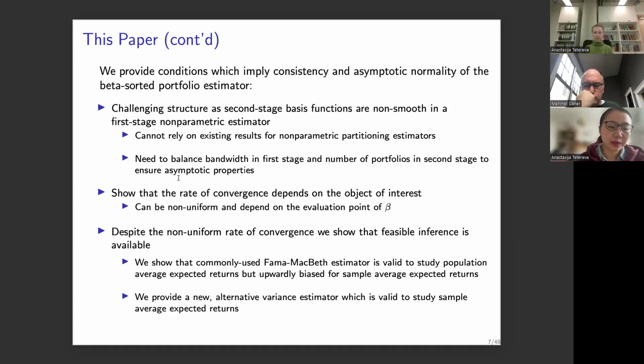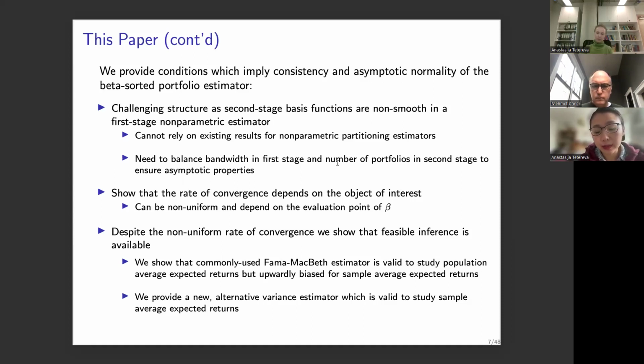For the first step, to estimate beta, you need to decide on the rolling window, how much data or how long a time period you want to use to estimate beta. So it's a rolling window size. Translated into econometrics language, this is the bandwidth, right? So in the first step, we need to decide on the bandwidth.